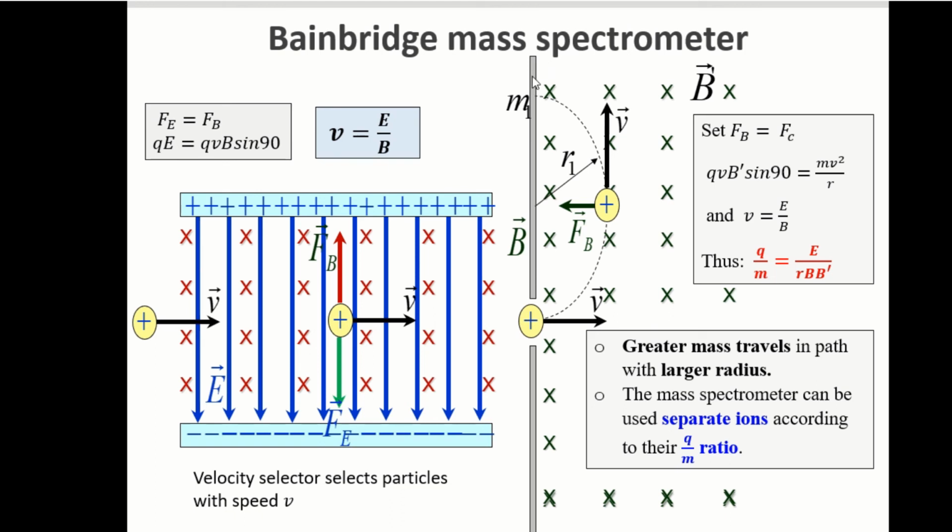Here is the screen. We can see which charged particles are deflected with a bigger radius or smaller radius according to their masses. That's why the mass spectrometer can identify different isotopes.